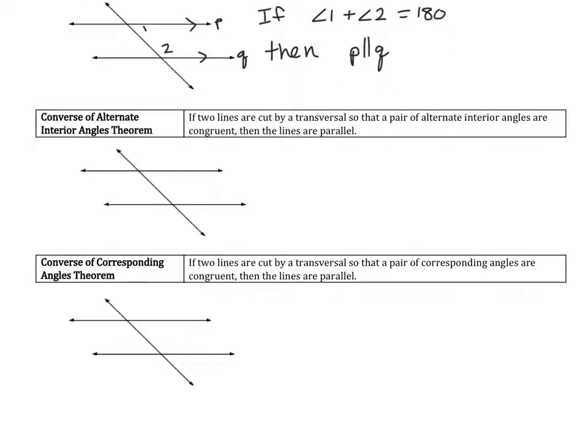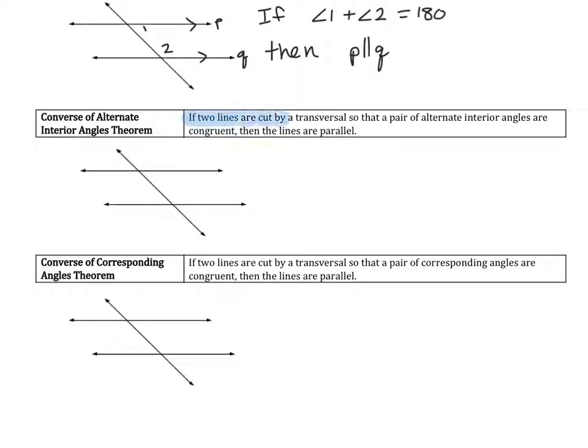Now let's look at the converse of the alternate interior angles theorem. Before, the alternate interior angles theorem said that if we have two parallel lines cut by a transversal, then alternate interior angles are congruent. This again has a hypothesis and conclusion that have been swapped.